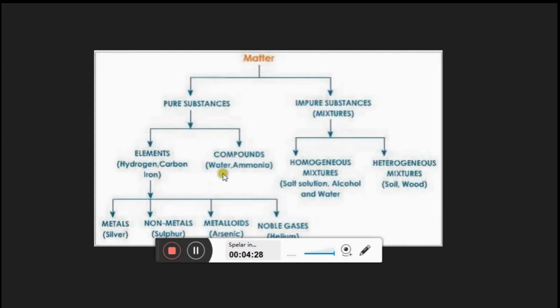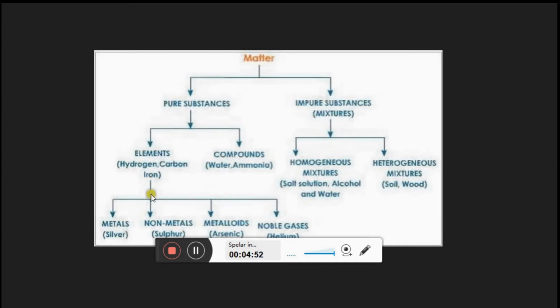Water is a compound because hydrogen and oxygen combine in a proper proportion to form the compound. Ammonia has nitrogen and hydrogen, so they have different kinds of molecules present, so they are compounds.